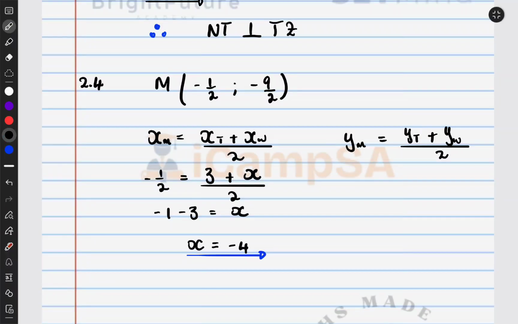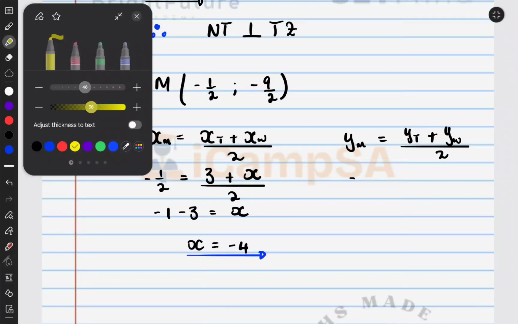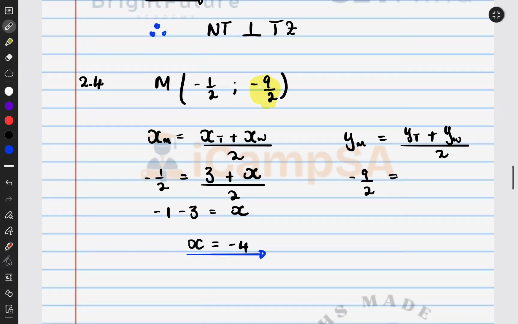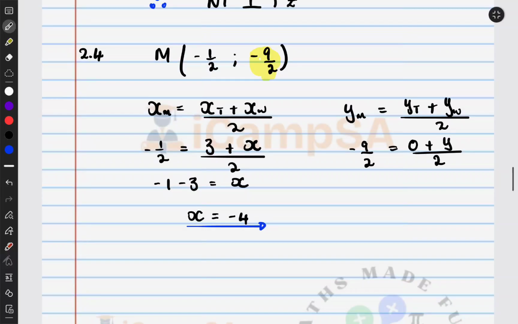the y value. So the y of m, the y of the midpoint, is -9/2, which is equal to the y of t, which is 0, plus the y that we are looking for, the y of w, divided by 2.